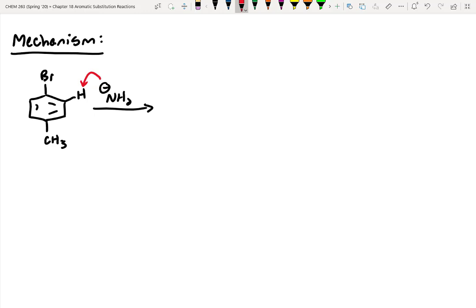It'll grab one of the protons adjacent, and it will do something that almost looks like an E2 reaction. So when you do this, you end up making a triple bond in this aromatic ring. So this triple bond is kind of unique. This molecule is called benzyne. It's highly, highly, highly unstable, but that's okay.